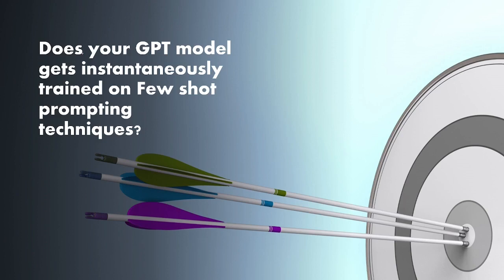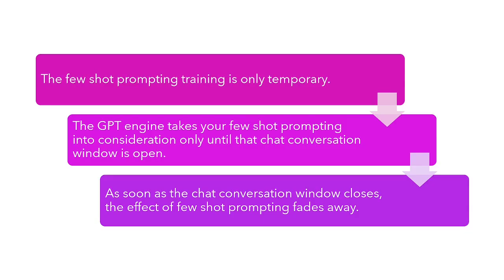Now coming to the third part of the video: does your GPT model get instantaneously trained on few shot prompting techniques? To answer in a very brief way, the few shot prompting training is only temporary, meaning that your LLM doesn't get permanently trained.